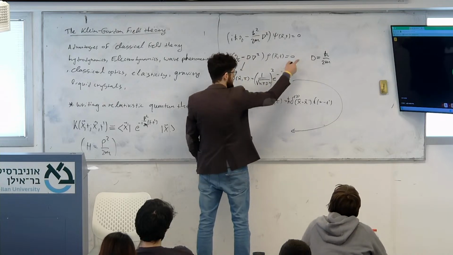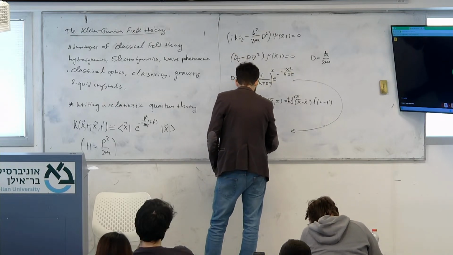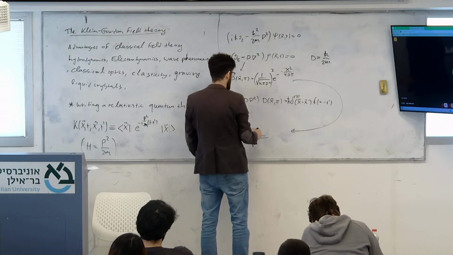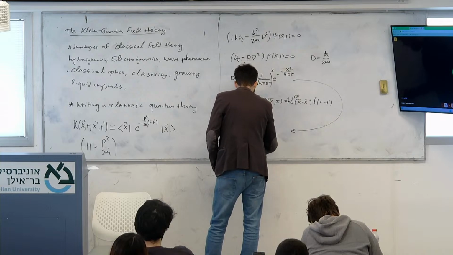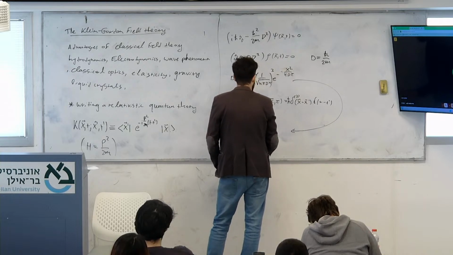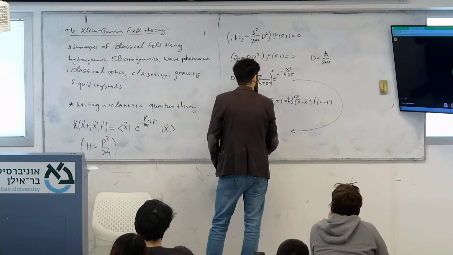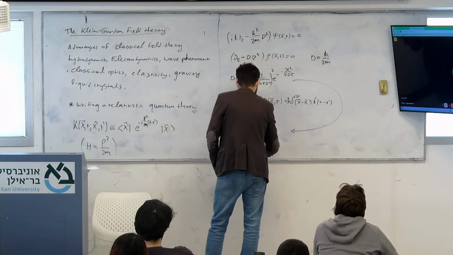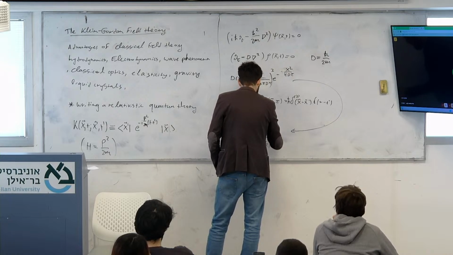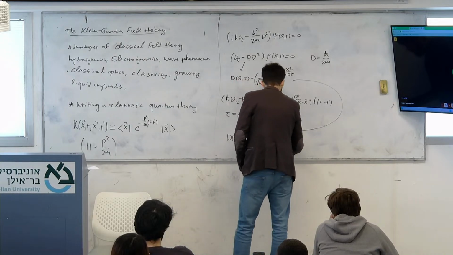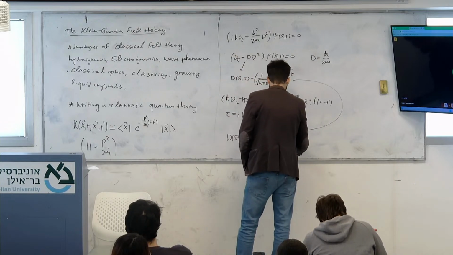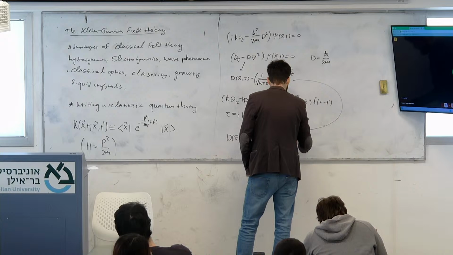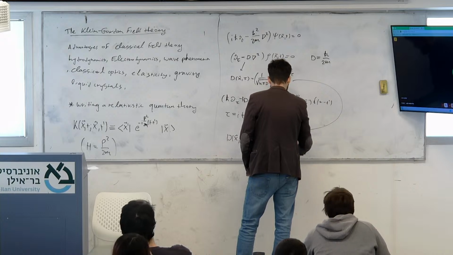And substitute this D. So I get 1 over square root of 4 pi, so let me write it like this, m divided by 2 pi h bar i t, to the power of d over 2, times the exponent of minus x squared.